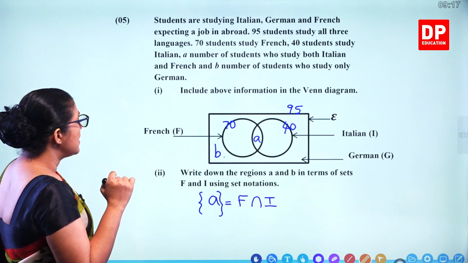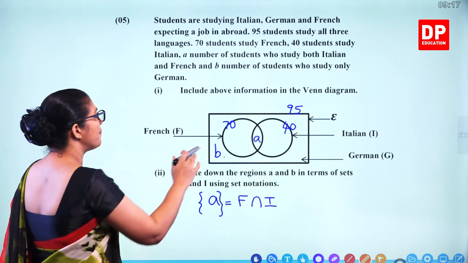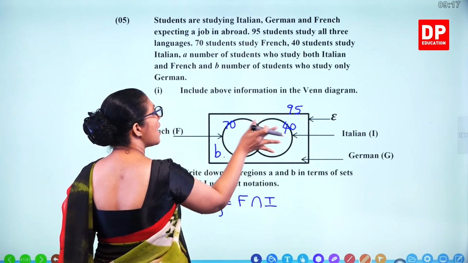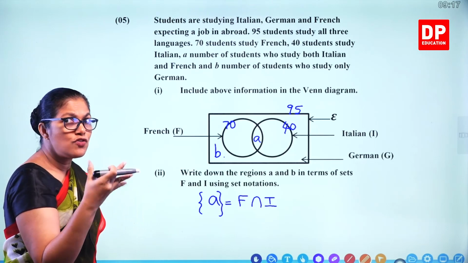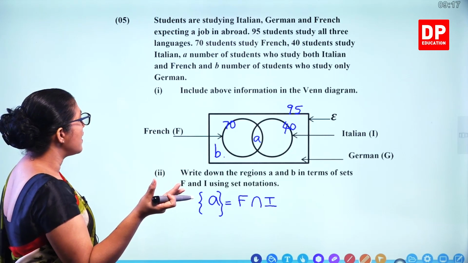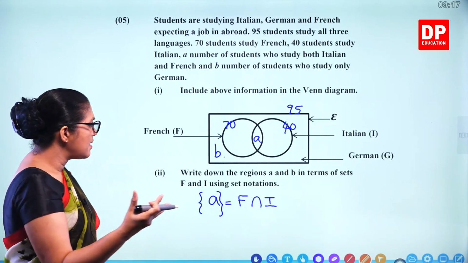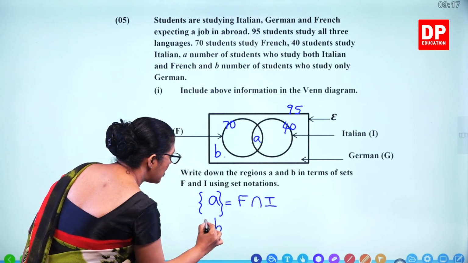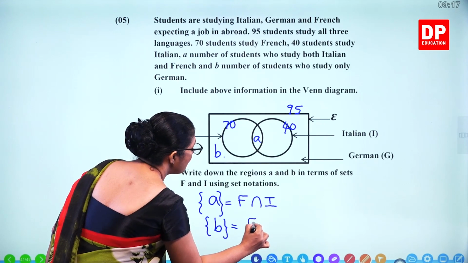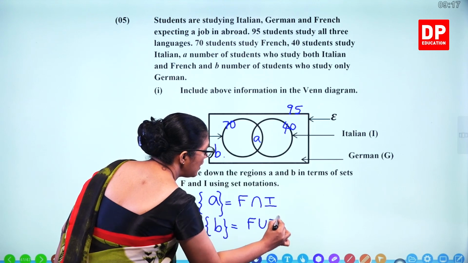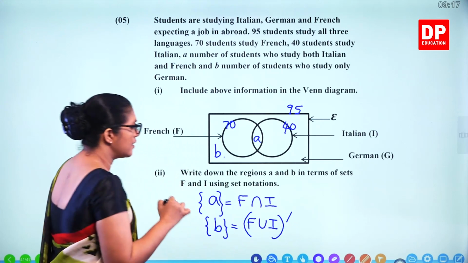And what is the region B? Outside the two circles here. So inside means union, F union I. Outside means dash. So B means F union I outside.